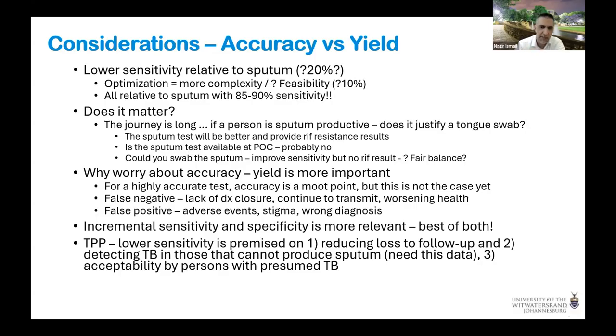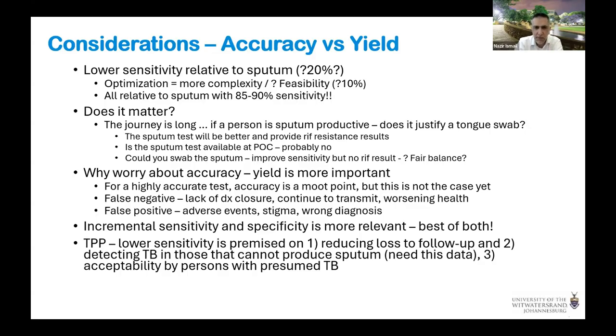So it does factor in accessing certain populations, but it's done balancing the risk of false positives and false negatives. So in sum, around the question on accuracy versus yield, when we looked at the TPP and what we've proposed for the TPP target, which are definitely lower than what's required for Xpert, what's critical to appreciate is that it is premised on a few fundamentals.